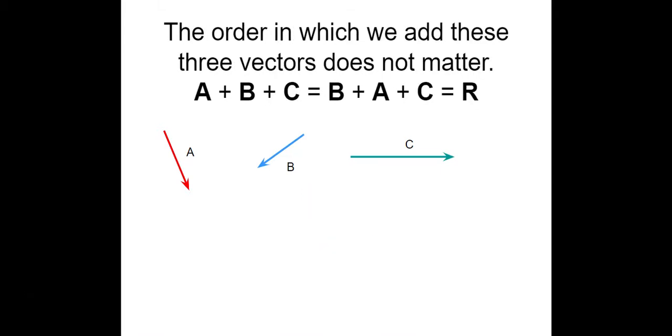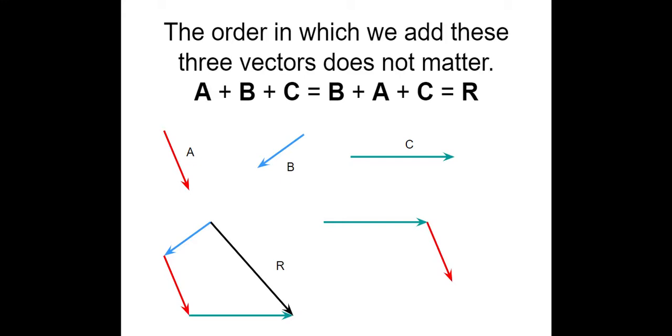However, if we add B, then A, then C, completely different order. What? Exactly the same thing. If we had C, then A, then B, what?